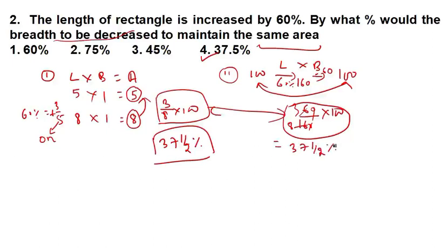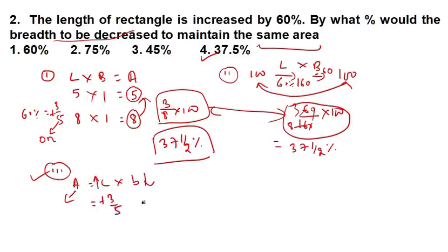Now I'll do this with the third method. See, the easiest method. Here the area is constant, and if one is increasing, then the other has to decrease. What is the value of 60% in fraction? It is 3 by 5, which means it got increased by 3 by 5.